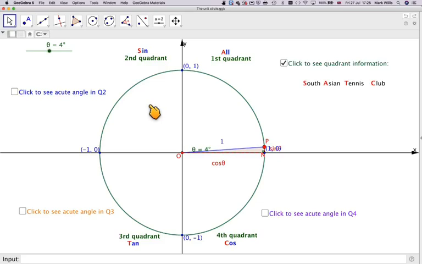In the second, only sine is positive, in the third, only tan is positive, and in the fourth, only cos is positive. Angles that go that way are positive, angles that go that way are negative. Therefore, you can use the unit circle to solve trigonometric equations, which we're going to do in later videos.